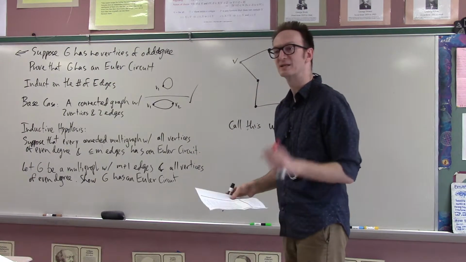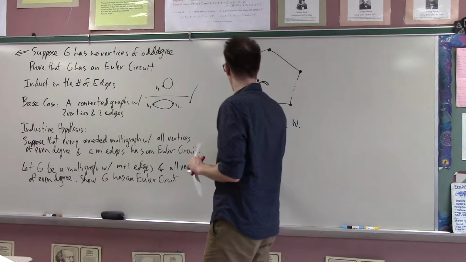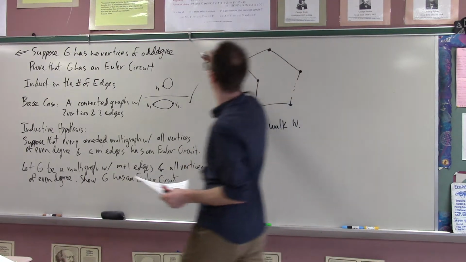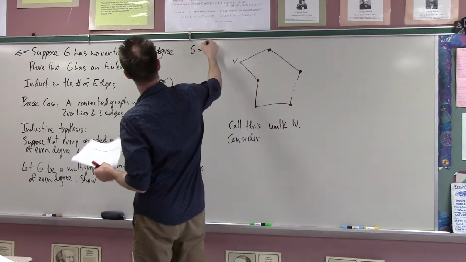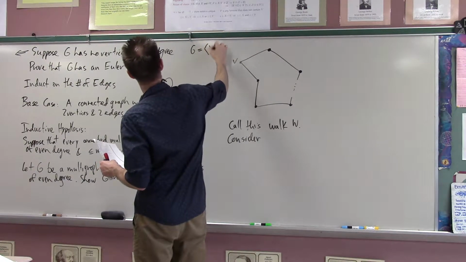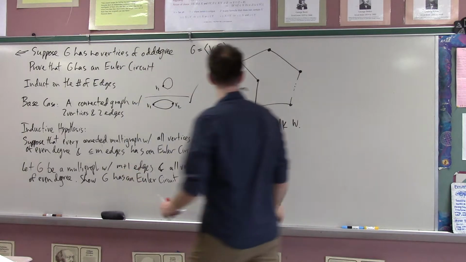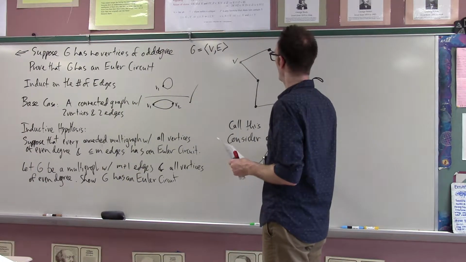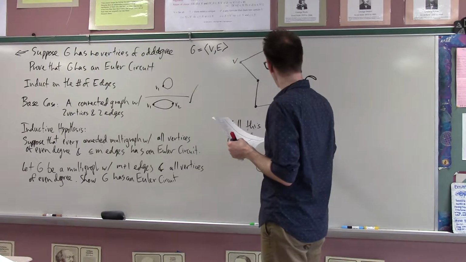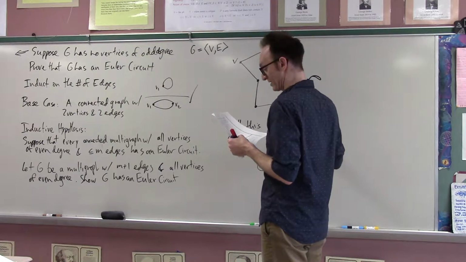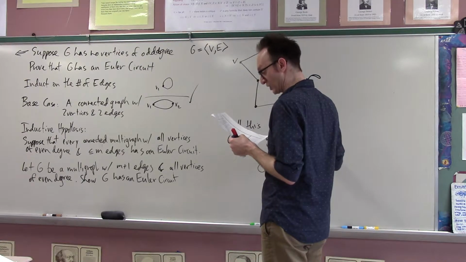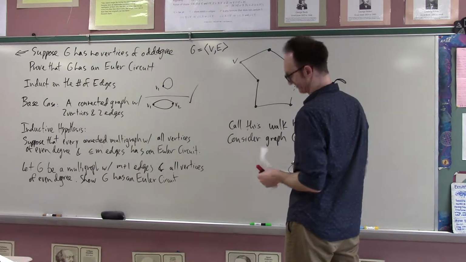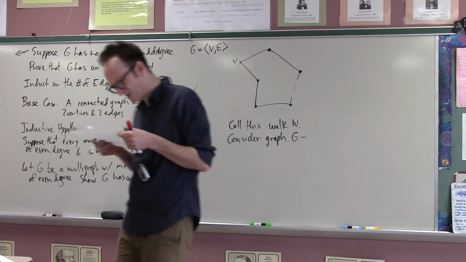Now consider the following graph. Let this graph G be a set of vertices and a set of edges, as usual. Now consider the graph which is G minus the set of edges of this walk. I don't like this notation.